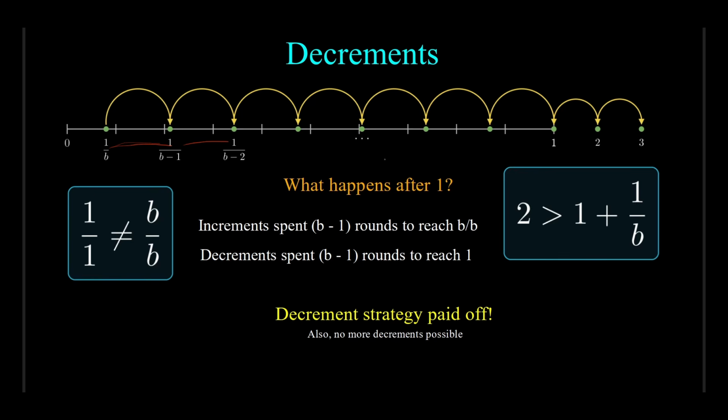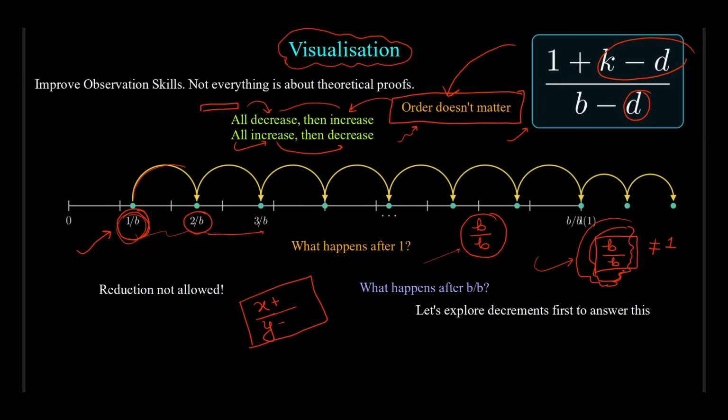And then after b minus 1 steps, you will eventually reach 1 upon 1. So notice something interesting. After b minus 1 operations, you are at 1 upon 1 in the decrement strategy. And in the increment strategy, you are at b upon b.